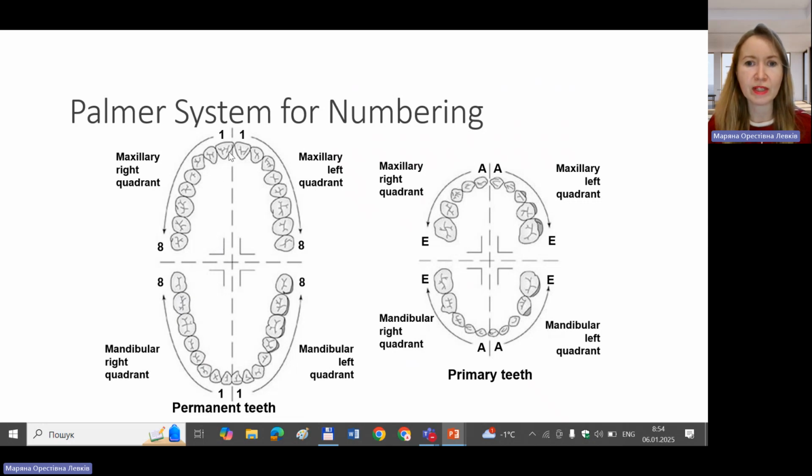For example, central incisor 1, lateral incisor 2, and the same over here. The brackets are turned, bent and angled in such a way as a dental arch looks like. The same for primary teeth, but instead of numbers, letters are used.